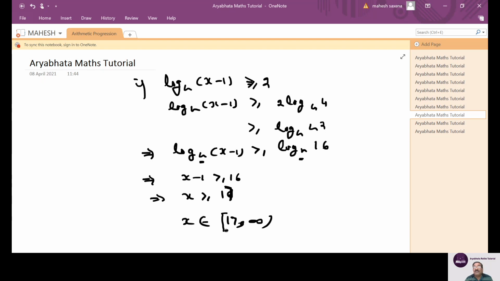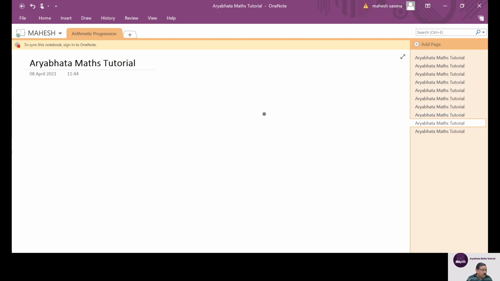Now I am taking another example. Suppose we have to find log base 1 by 4 of x greater than or equal to 2.